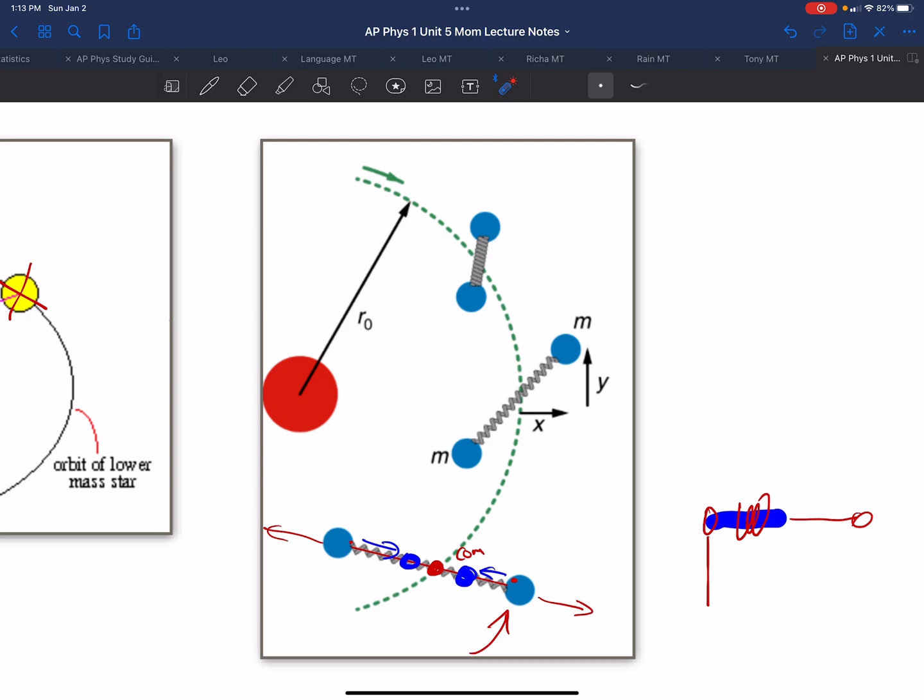Now, in this case, what we're modeling is two charged or magnetic particles that could come together and fly apart, and they're traveling around, say, the nucleus of an atom, right? That's what we're depicting here. So the path that it wants to travel on is a curved path because of the dynamics of an atom.